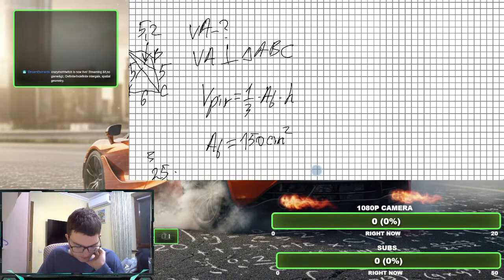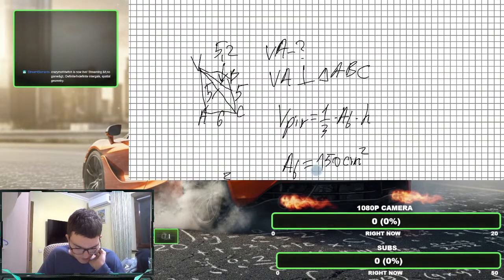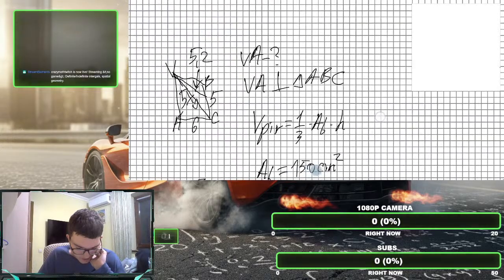And now I need the height. I do not know the height. I could put an O here. This is the height. And yeah, I don't know the height.